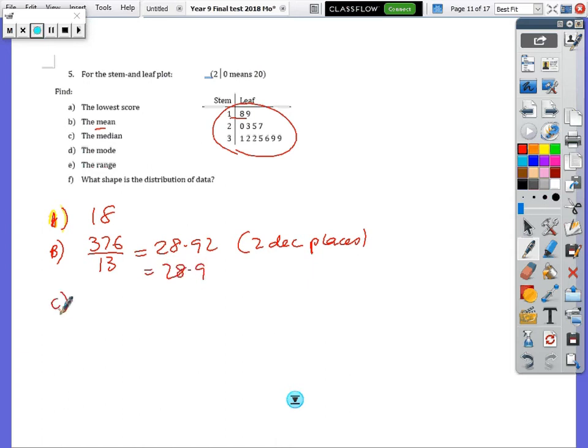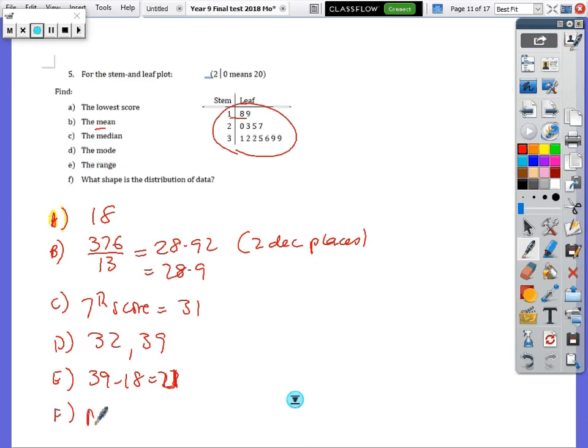C, the median is the 7th score, which was a 31. The mode, there were 2 modes, 32 and 39. The range was 39 minus 18 equals 21, and the shape was negatively skewed.